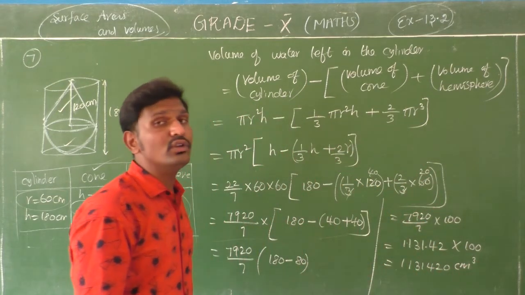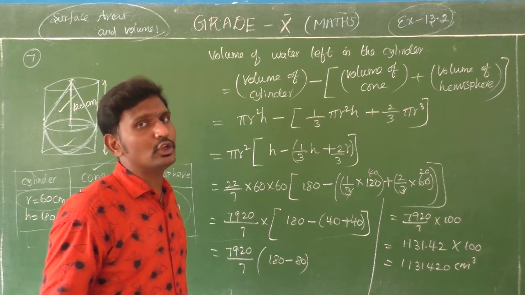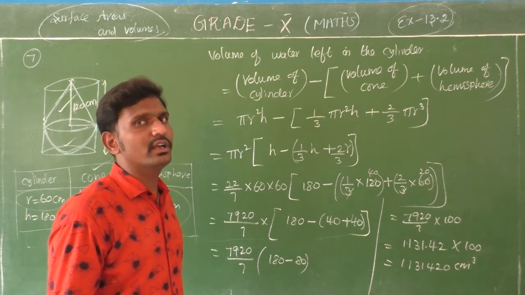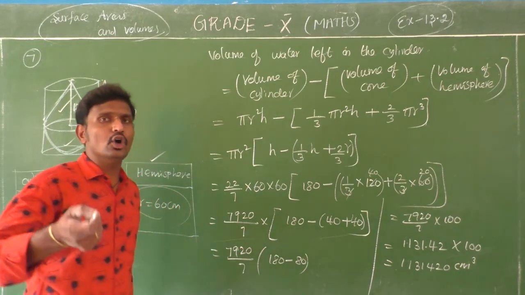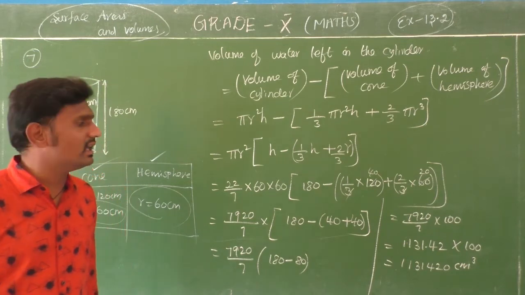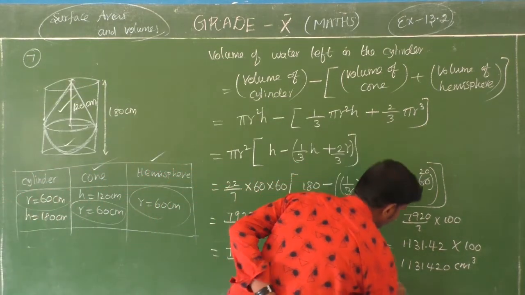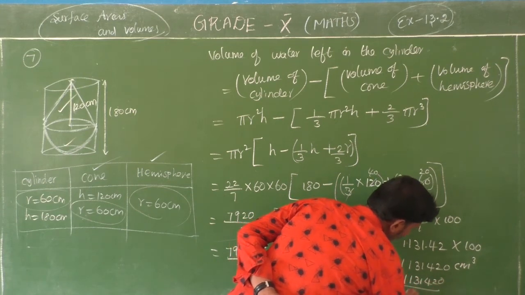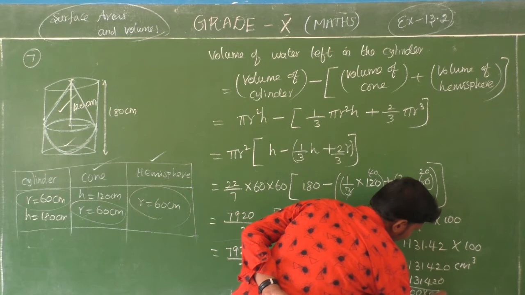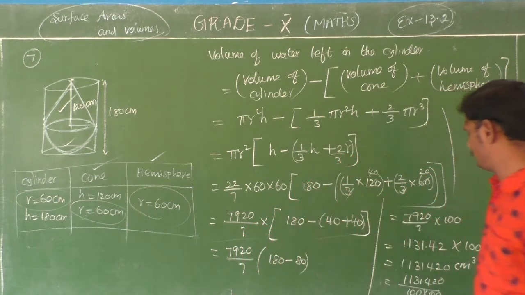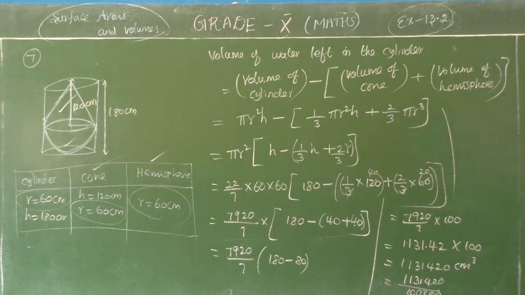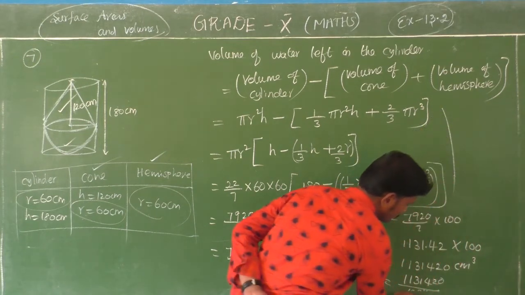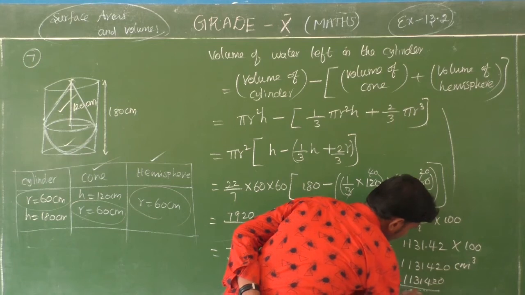Now I am going to convert into meter cube. How to convert into meter cube? 100 centimeter equals 1 meter. So now I divide 1131,420 by 100 into 100 into 100, because it is cubic centimeter. So that is 1000 square.